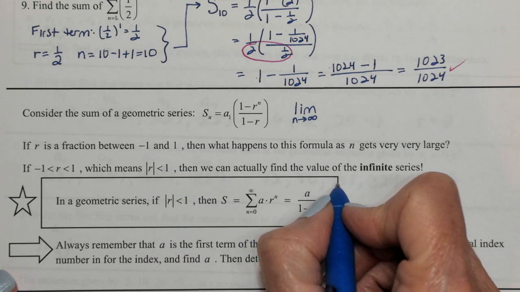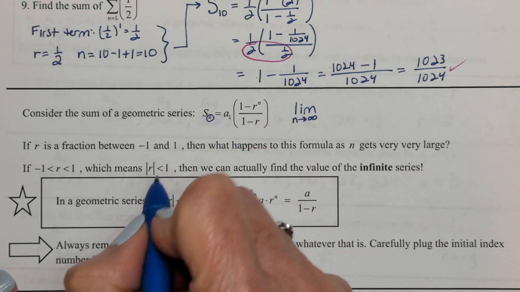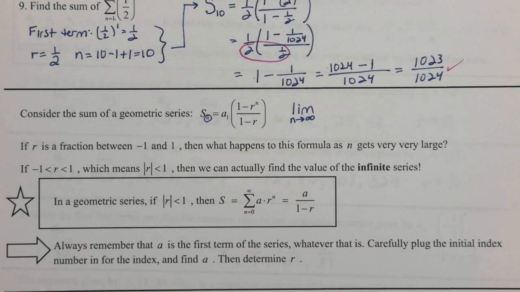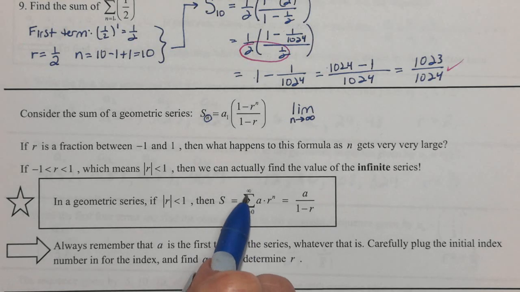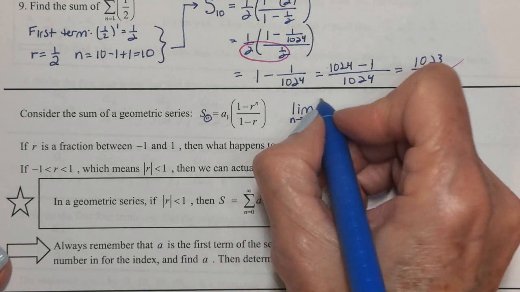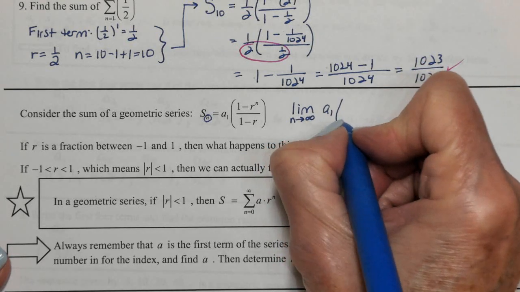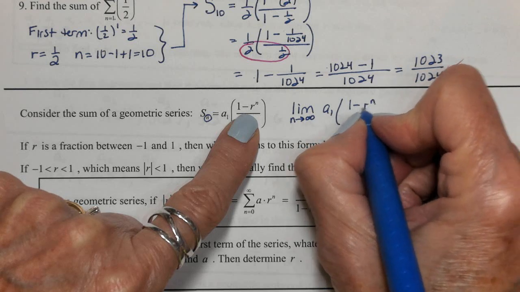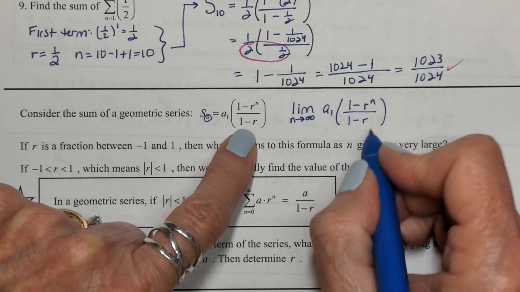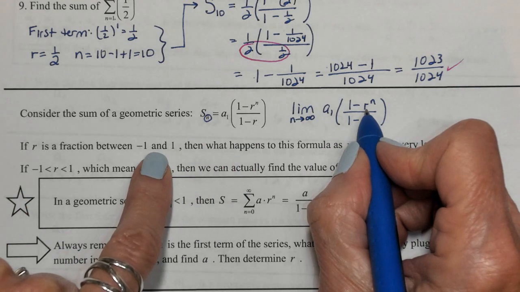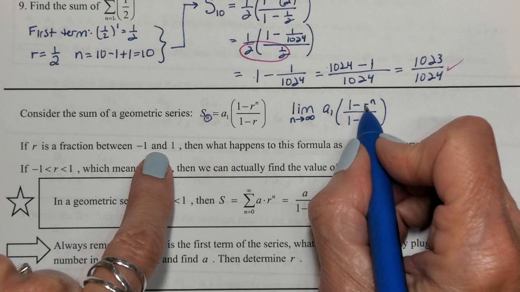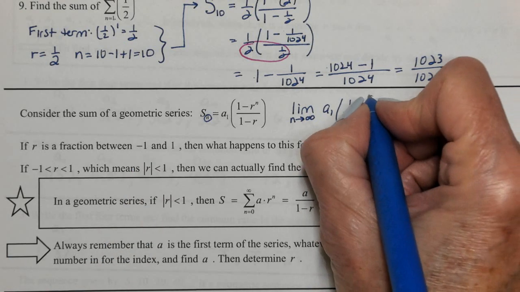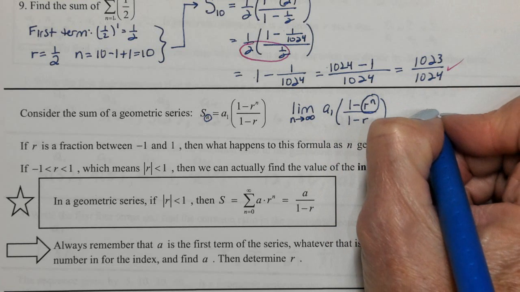Well, as n goes to infinity, we don't get the partial sum anymore, we get the infinite sum. Our fraction is 1 minus r to the n over 1 minus r. r is between -1 and 1. It's a small fraction, and if you raise that to a huge, huge number, this gets teensy, teensy tiny.